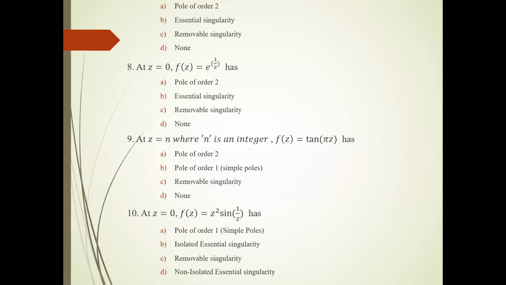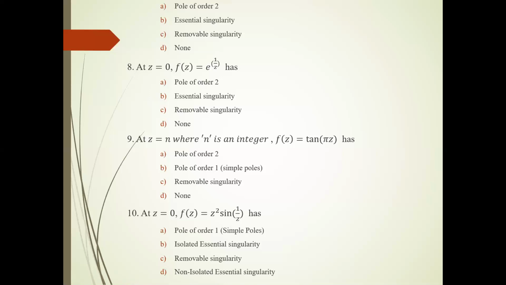First, we find the poles of this function tan pi z. Tan pi z can be written as sin pi z upon cos pi z. So the poles of this function are given by those values of z that make cos pi z zero. That is, poles are given by cos pi z is equal to 0. What are the values of pi z that make cos pi z zero?